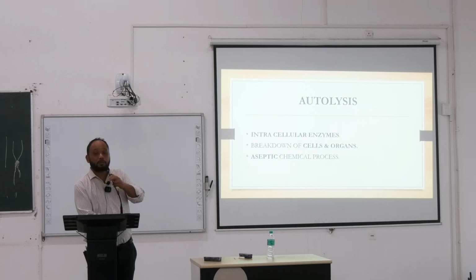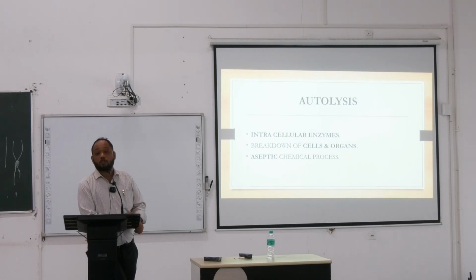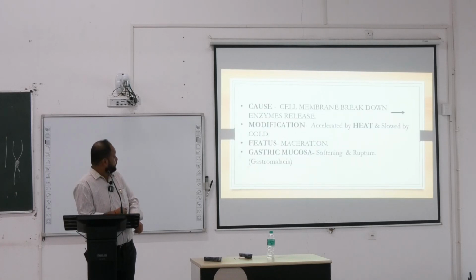Now, a point to remember: in this process there is no involvement of any bacteria or other microorganism. So this process is called an aseptic chemical process. Heat accelerates the process and cold slows it down. Okay?